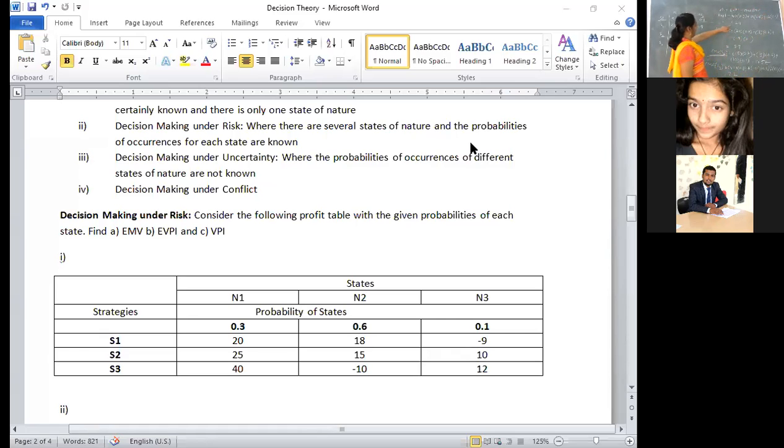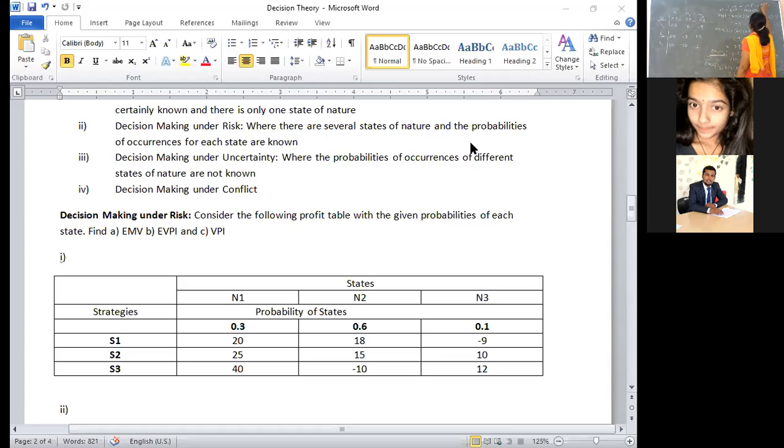Here the EVPI value, we know, is 24, minus the maximum EMV. Among these three strategies, we got the maximum EMV at strategy S2. The value is 17.5. 24 minus 17.5 is 6.5.